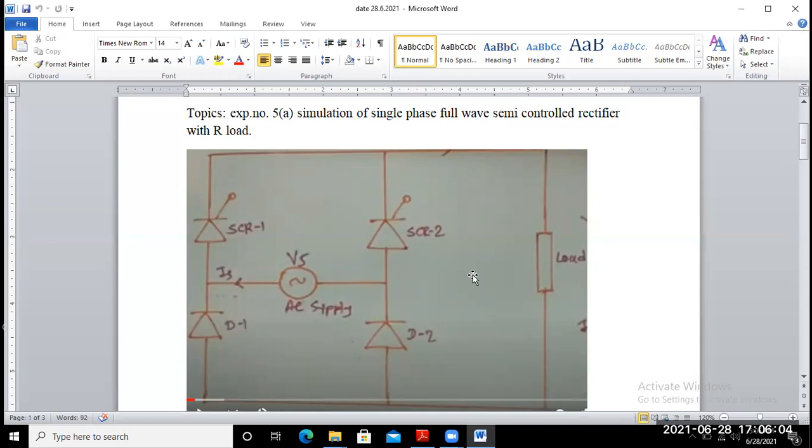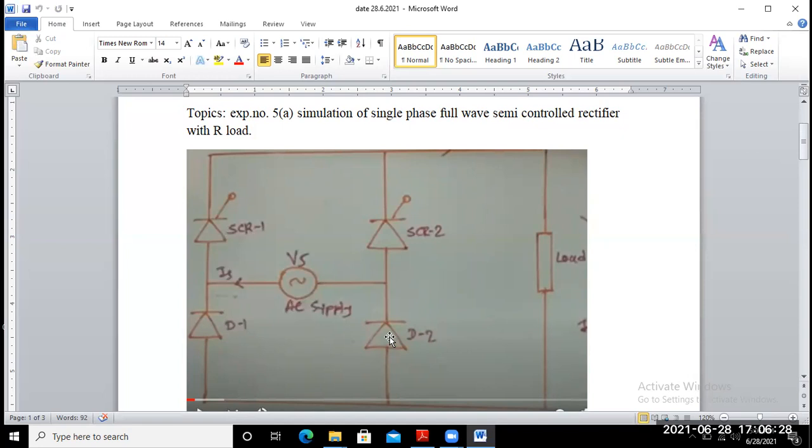As we know, when the SCR is in forward bias, if you do not supply the gate pulse to the SCR, then your SCR will not conduct. But a diode will conduct if it is in forward bias.